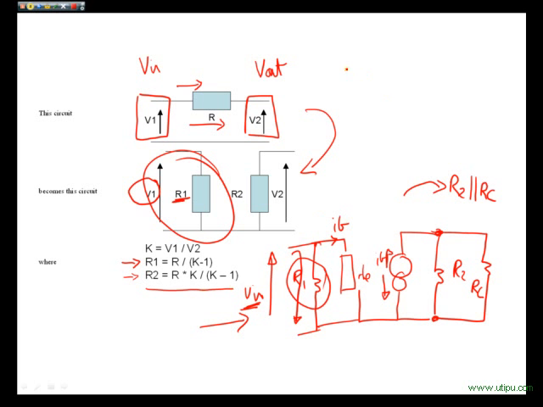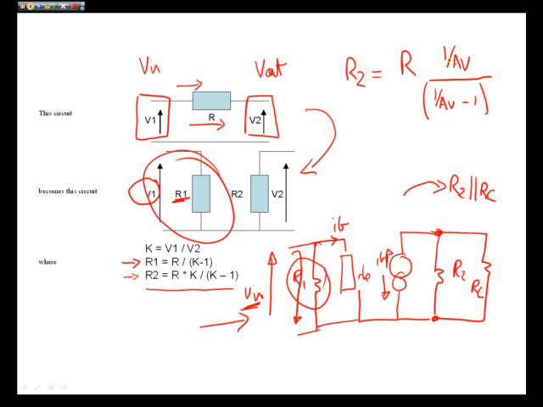Okay. Well, let's just take a look at this equation for one moment. We have R2 is equal to R times 1 over AV divided by 1 over AV minus 1.